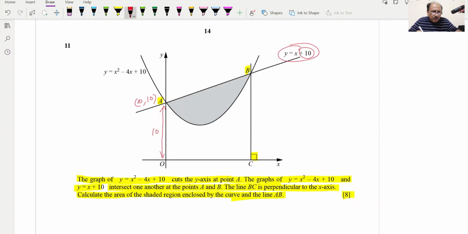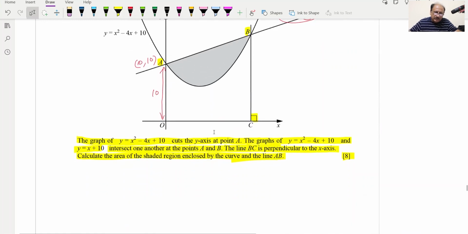And the coordinates of B we can figure out. How can we figure out the coordinates of B? We can equate both equations to get the points of intersection. One equation is y is equal to x squared minus 4x plus 10, and the second equation is y is equal to x plus 10.